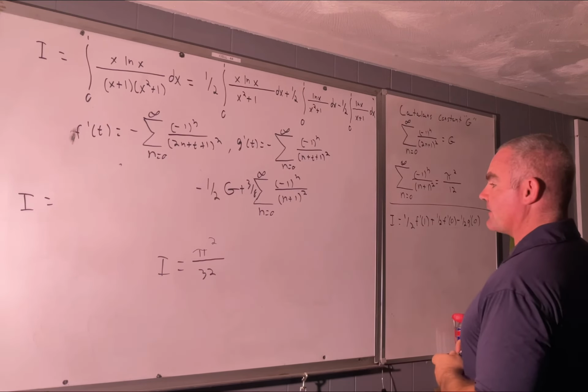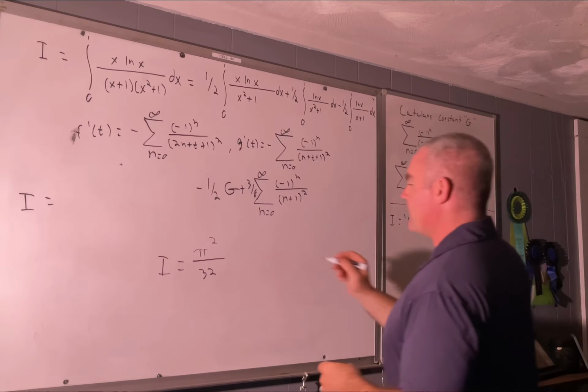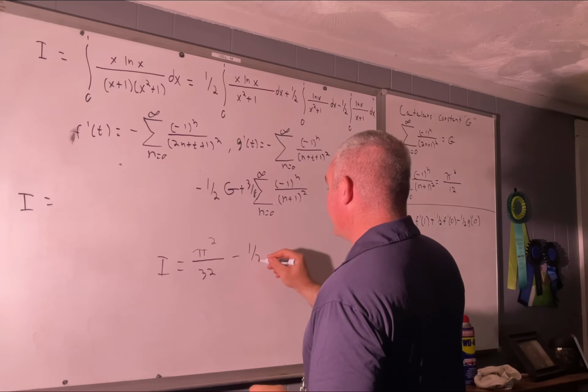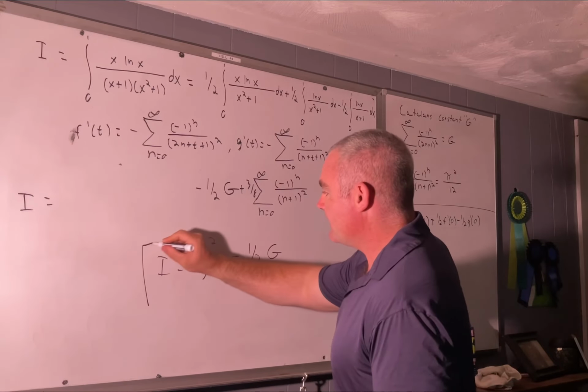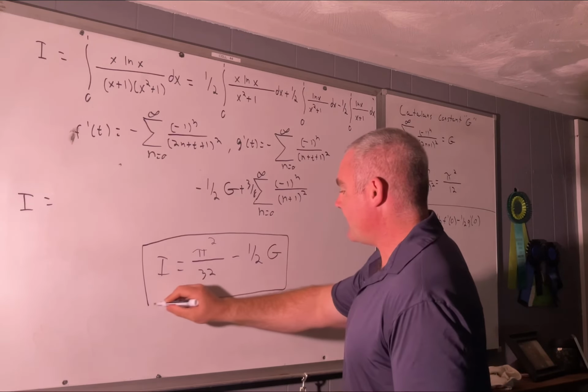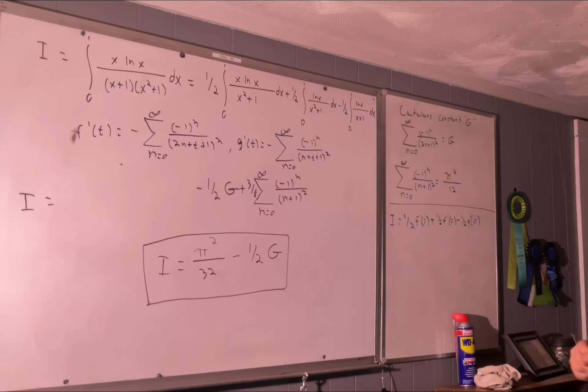All right, so that's pi squared over 32 minus 1/2 Catalan's constant G. And that is the answer, and I hope you enjoyed that.